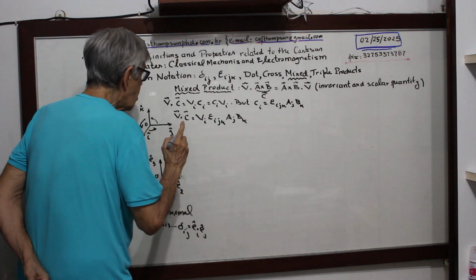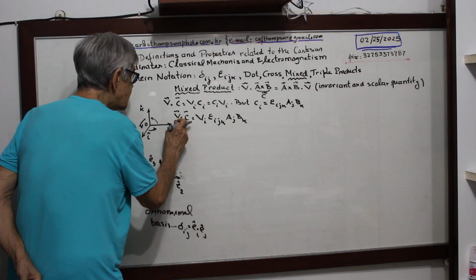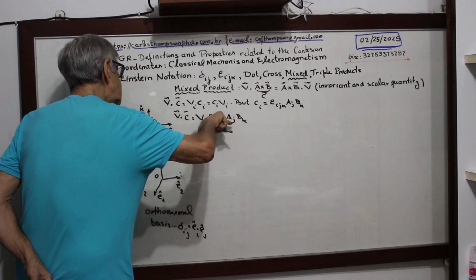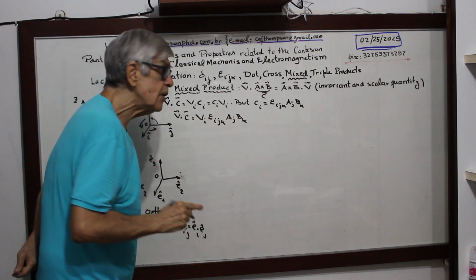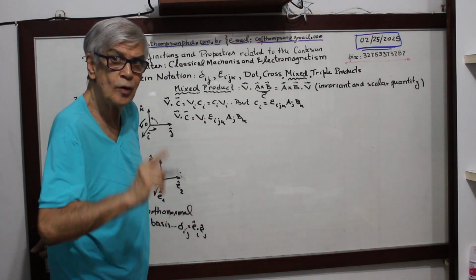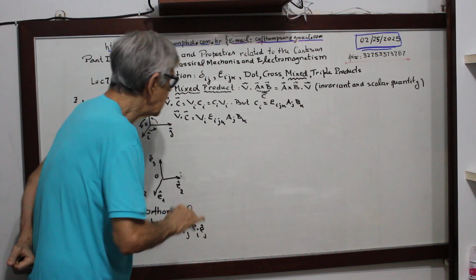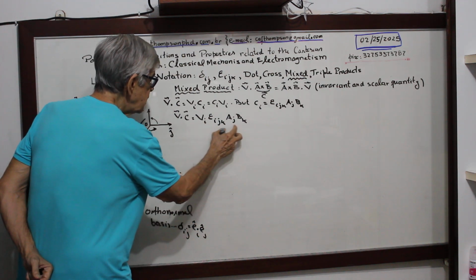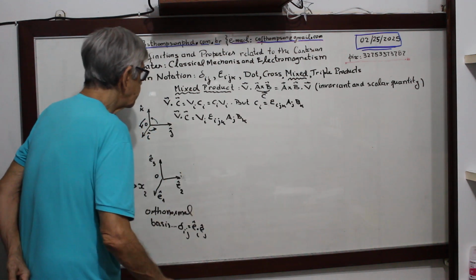Now attention. v dot c, two vectors. The right hand side cannot have a free index. Only dummy. You see, i is dummy, j is dummy, and k is dummy.